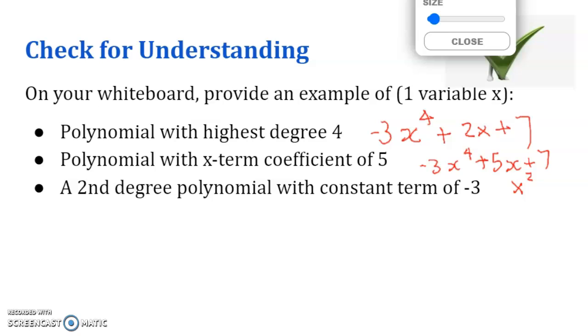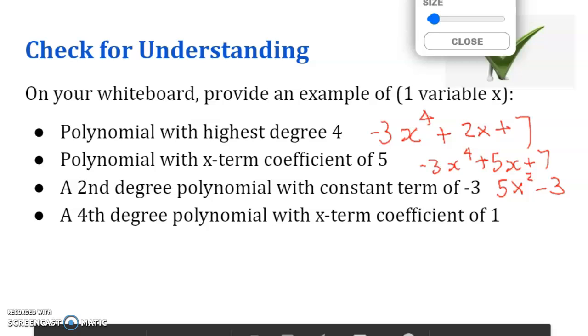So it could be 5 or any number, but we need a constant of negative 3. I do not even have to have another term because I can just have negative 3 here. This is a two-term, second degree polynomial with constant term of negative 3.